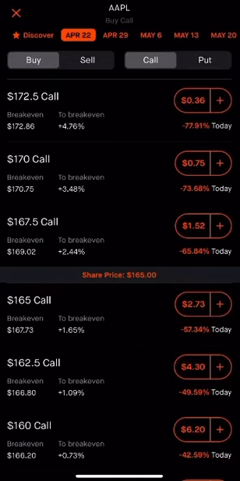So that's really what we're aiming to do, is to collect a higher premium for the contracts that we're placing. Sometimes we actually do get in the money and we hit our goals and we sell at that point. But for the most part, for what I'm going to be covering as a day trader, we almost never actually hit our strike prices. We aim to collect premium.